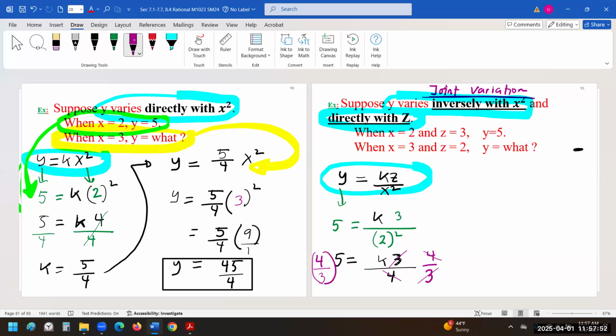So based on the right side, it decides what you have to multiply and divide by, and put the exact same thing on the other side. So now we have our k alone because 3 cancels out, 4 cancels out. And what is k then? What do we get on the other side? 20 over 3.